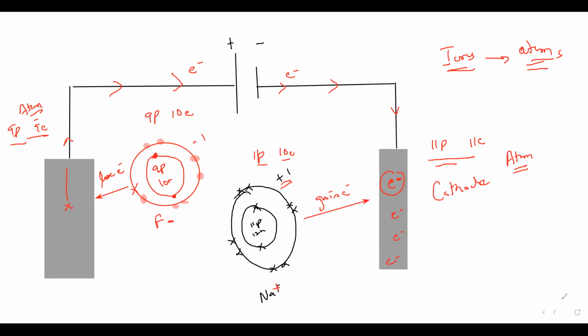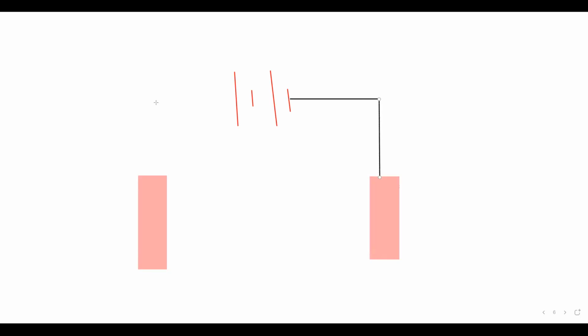In the exam, you will find another common type of question, where they say draw an arrow to show the direction of electrons, and draw an arrow to show the direction of movement of the charges. For example, this is our electrolytic cell. If I draw an arrow to show the direction of electrons, from the negative terminal they will move out, and towards the positive terminal they will move in.